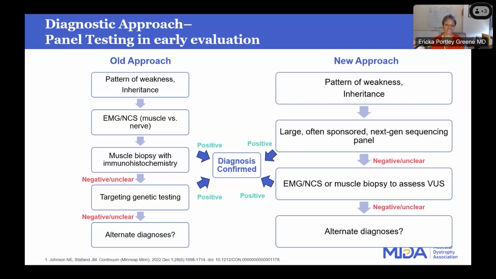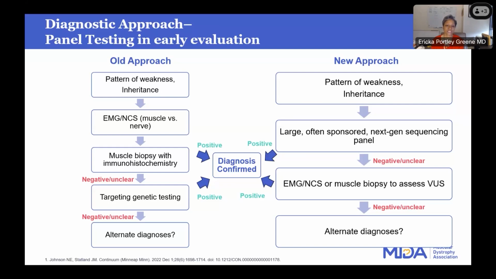And then we would look at the histopathology and decide based on the pattern seen: did it give us a hint as to whether this was a dystrophy? Was it inflammatory? Was it nutritional? Was it motor neuron? Was it a demyelinating neuropathy or what have you? And then we would do the genetic testing.